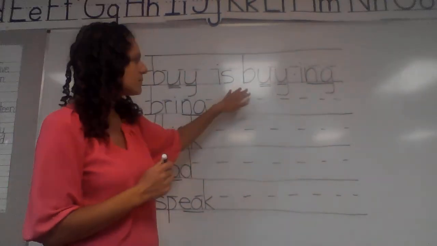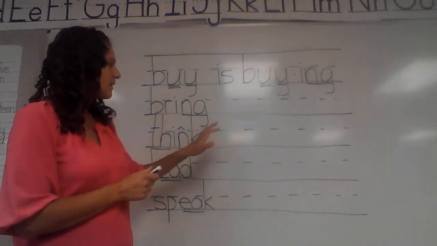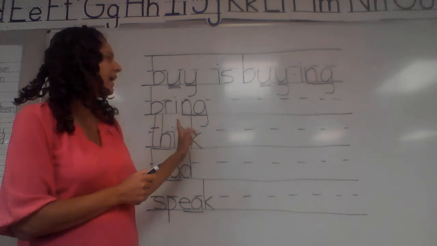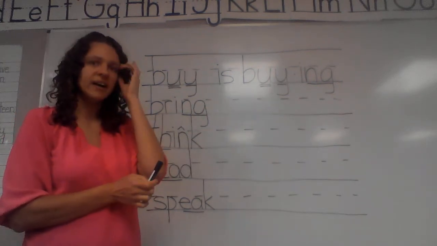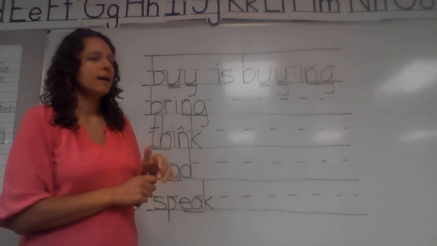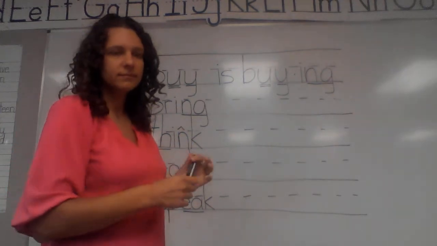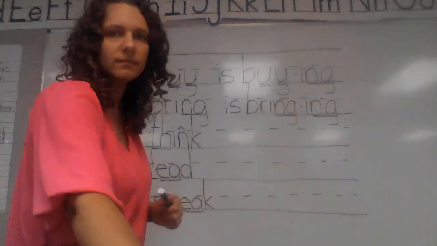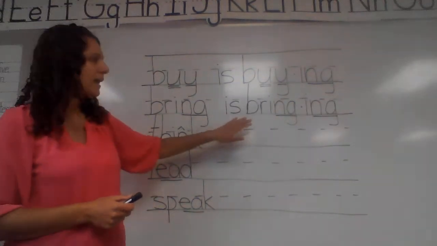All right, so this is what your is buying would look like. The present participle of bring is bringing. So go ahead and write that on your practice paper. Is bringing. All right, this is bringing.